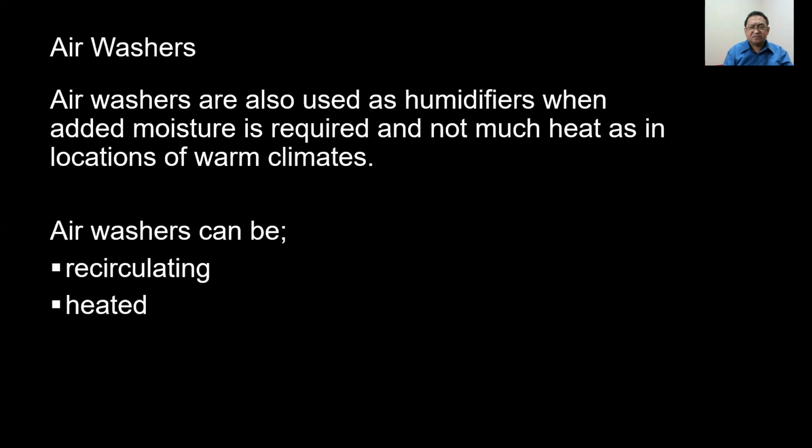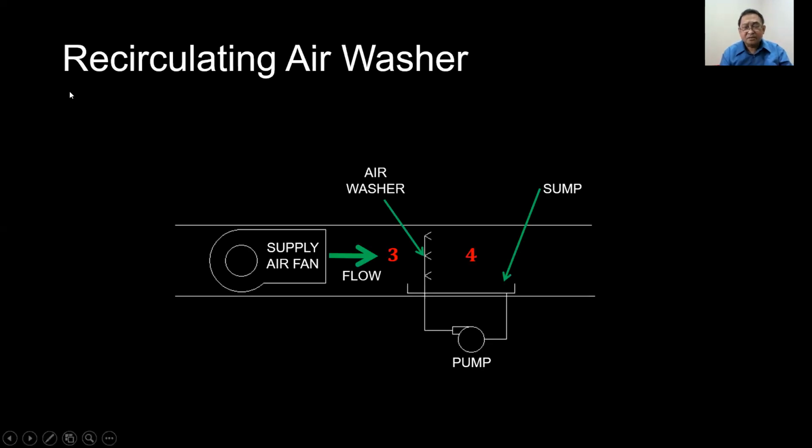Air washers are also used as humidifiers when added moisture is required and not too much heat, as in locations of warm climates. Air washers can either be recirculating or heated air washers. So let us tackle first the recirculating air washers.